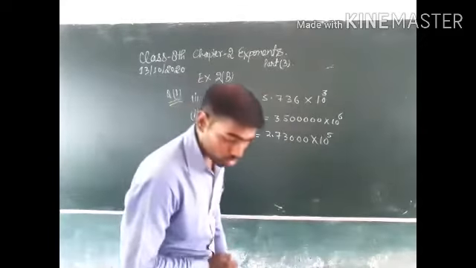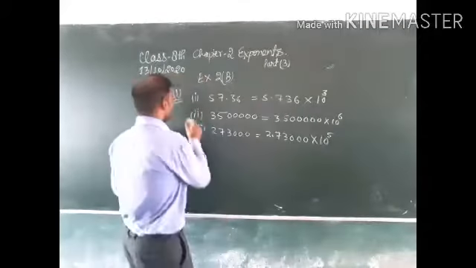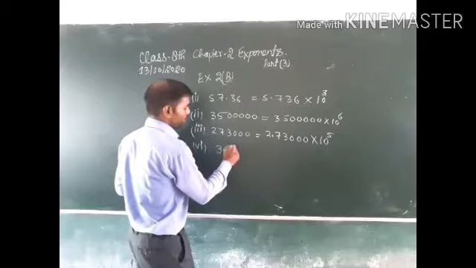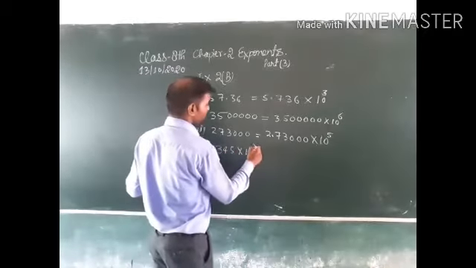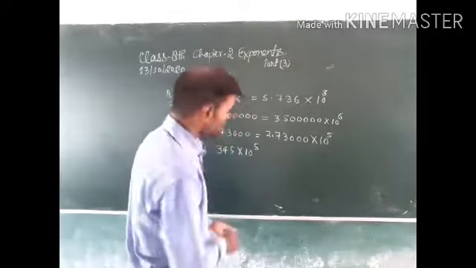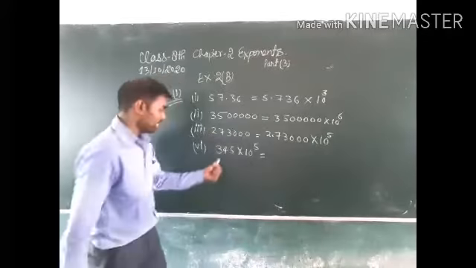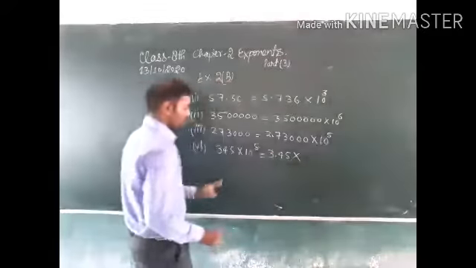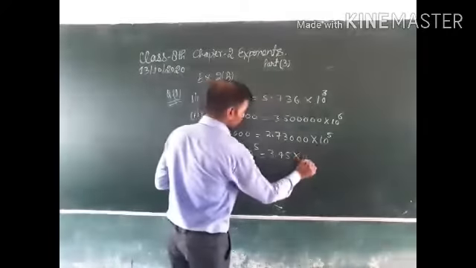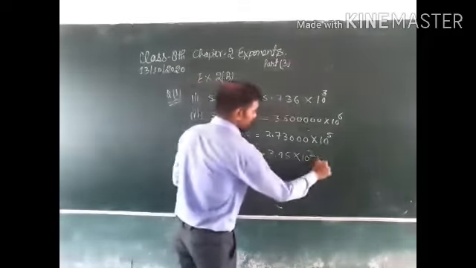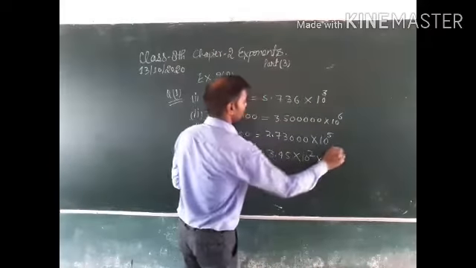Now take another question, part number 6. 345 into 10 to the power 5. So we can write 3.45 into 10 to the power 2, and this also into 10 to the power 5.